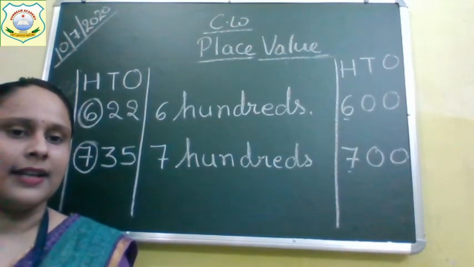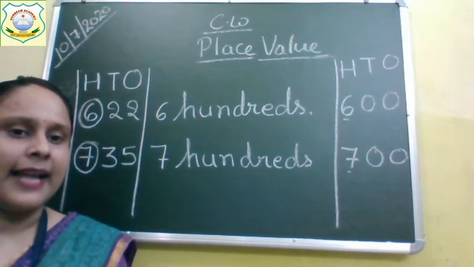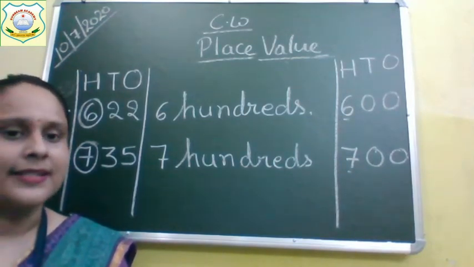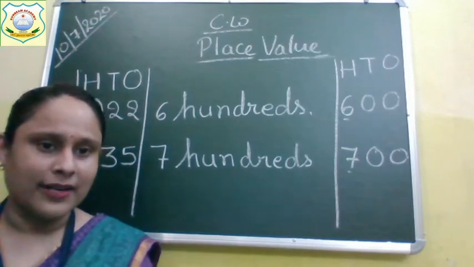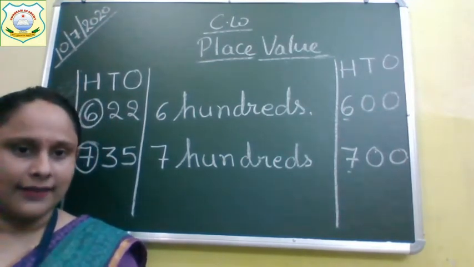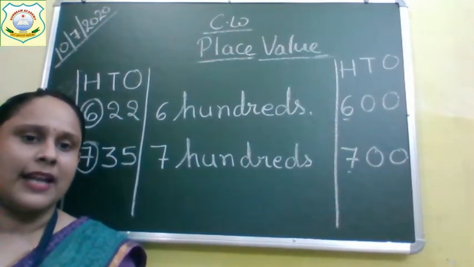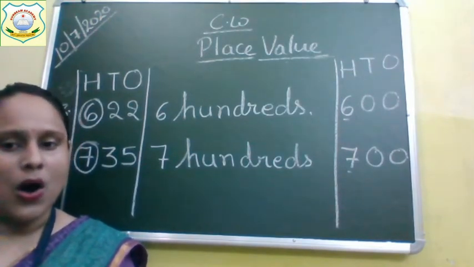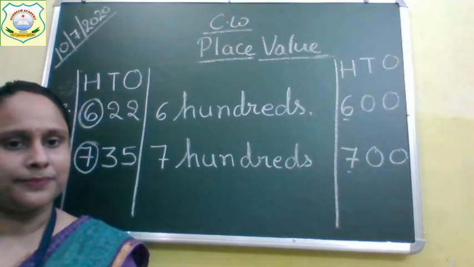If it is written in hundreds place, then place value of 2 is 2 hundreds or 200. If it is written in thousands place, value of 2 is 2 thousands or 2000.